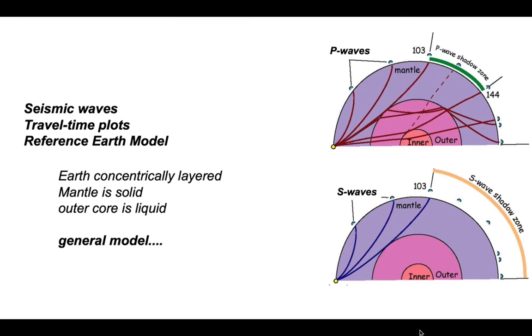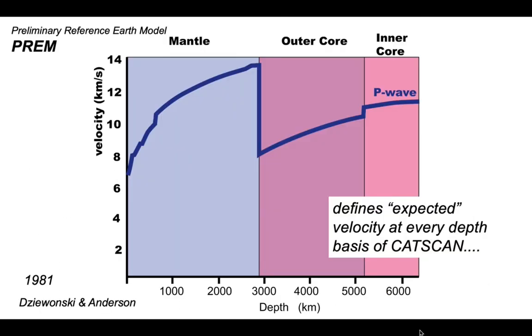So, we've looked at seismic waves, we've developed travel time plots at length, and we've used those to create a reference Earth model. We've seen that the Earth is concentrically layered, that the mantle is solid and the outer core is liquid. So this is a general model. Now, the usefulness of this general model is that we can look for deviations away from it.